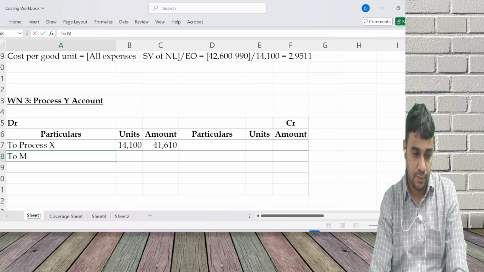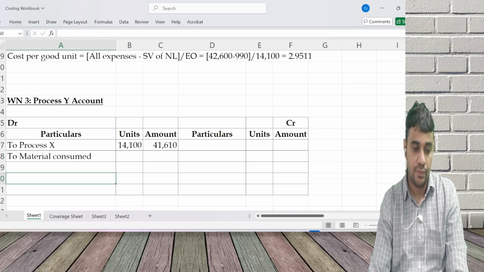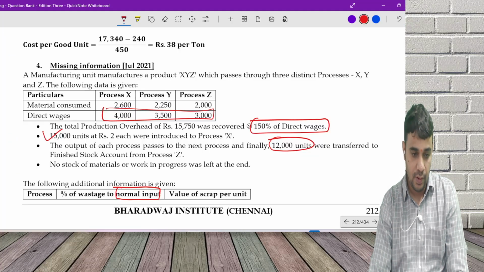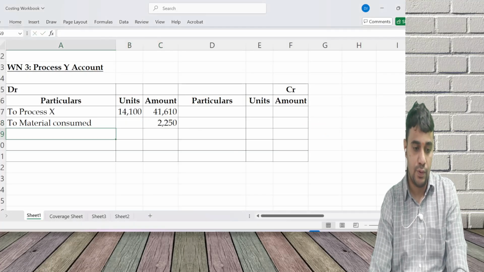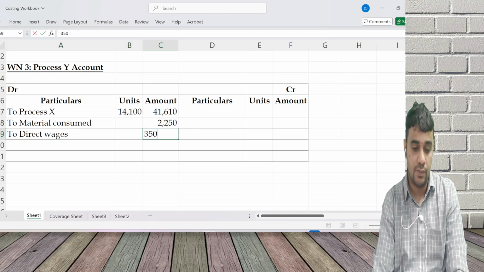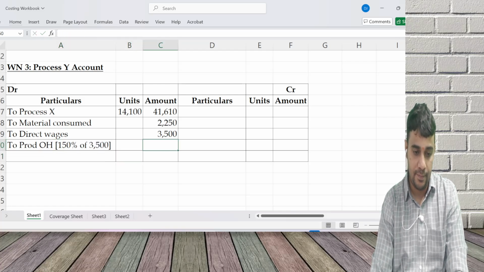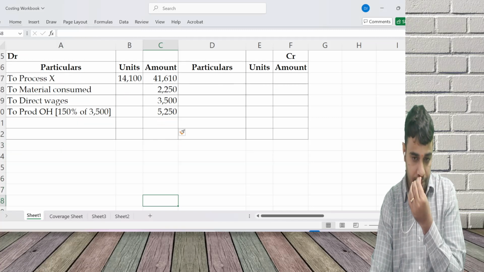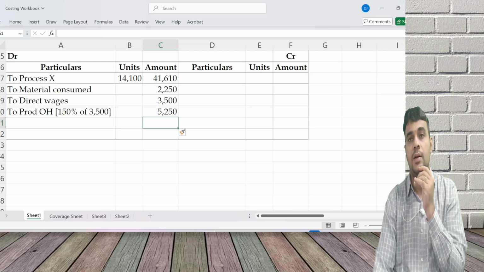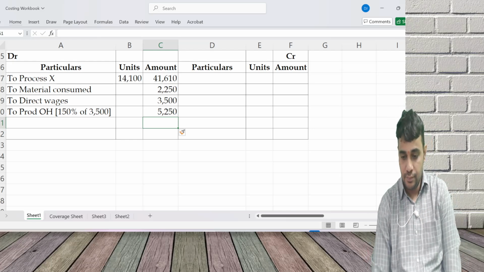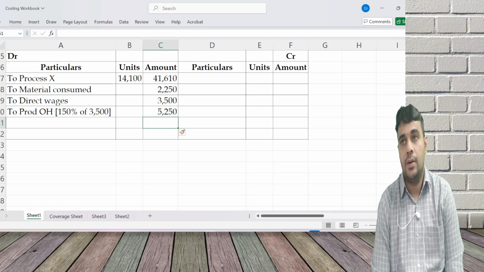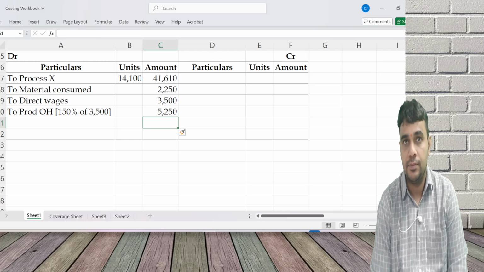To material consumed, how much? 1,250. Direct wages, 1,000. Production overhead, 150% of 3,500. Clear? Any doubts on this? Done?